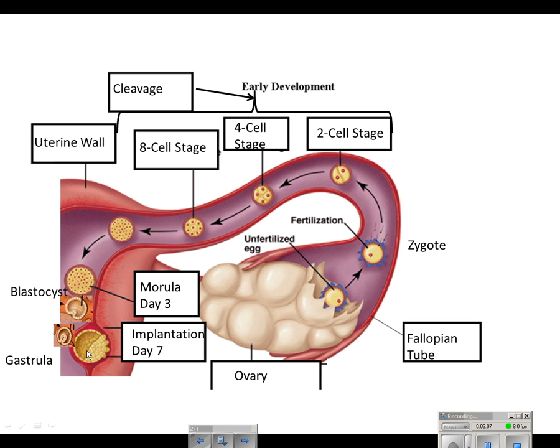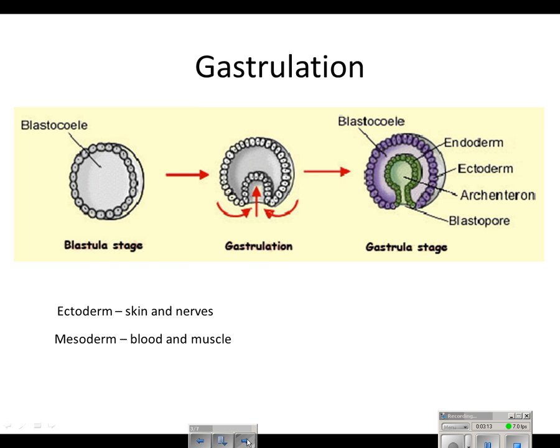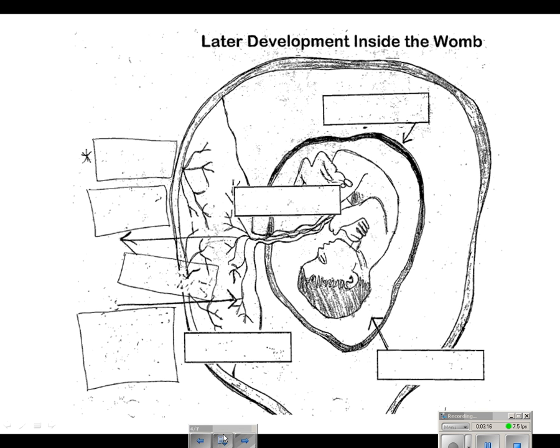This is a developing embryo as the cells divide, it becomes a big mass of cells and the primary germ layers form. Then, after 8 weeks, we would call the structure a fetus. When it gets big enough, about 3 months, we have the formation of the amnion and the amniotic fluid. And this is going to form as kind of a shock absorber, and it's going to protect the developing fetus.